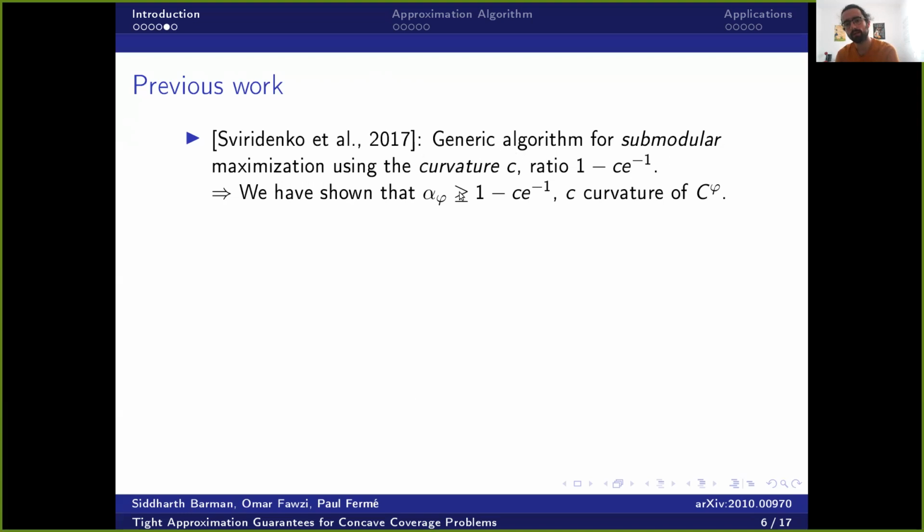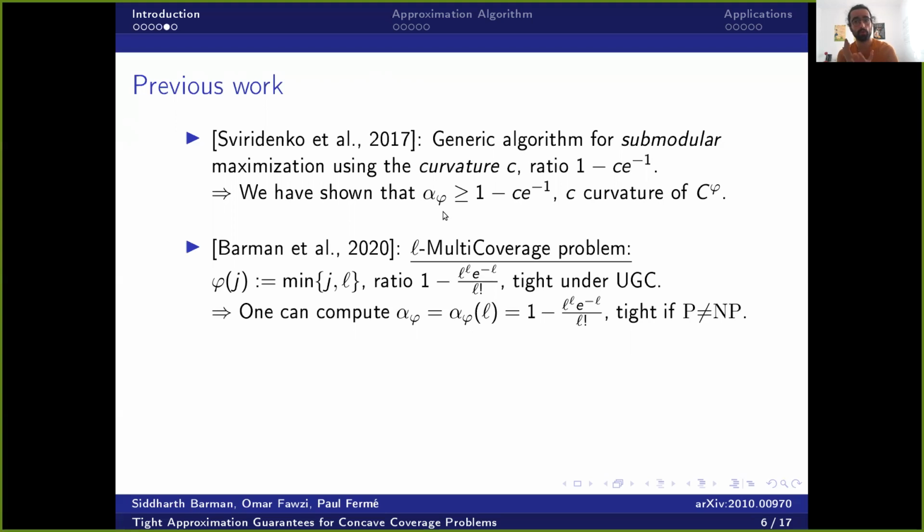And we've shown that alpha phi is better than this, and in fact, in most cases, it's strictly better for this particular case we look at. And the idea behind this is that the curvature is a kind of worst-case curvature, whereas our concavity ratio is kind of an average one. So this is the idea.